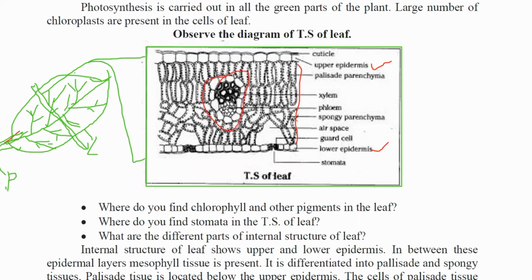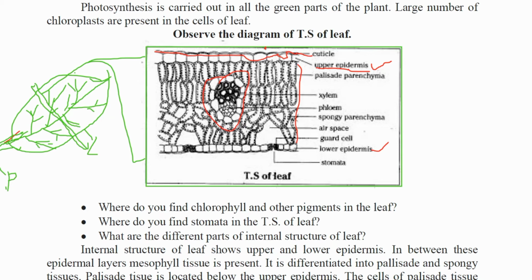Now let us take the upper epidermis. The upper epidermis is the outermost layer, covered with a thin layer called the cuticle. The lower epidermis also has a cuticle outside.